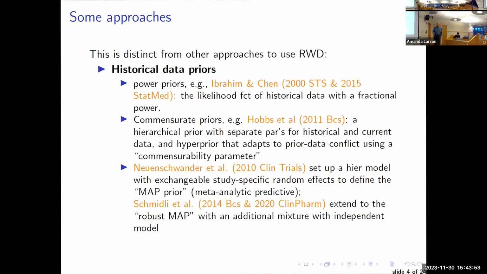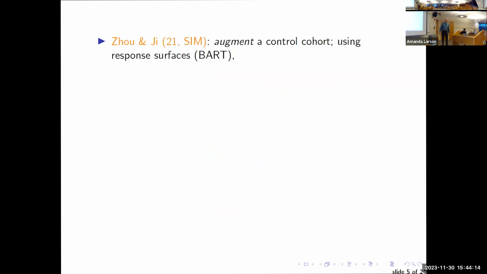They call it MAP, meta-analytic predictive. Schmidli and others again allow for the case that the populations are not exchangeable. I think it's very principled and very clean, but of course they stop short of actually using the external data for a synthetic control arm. Fake in the sense of not using new patients.